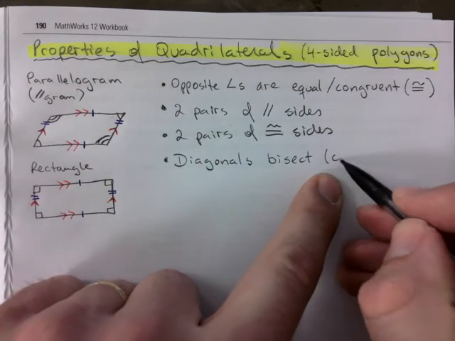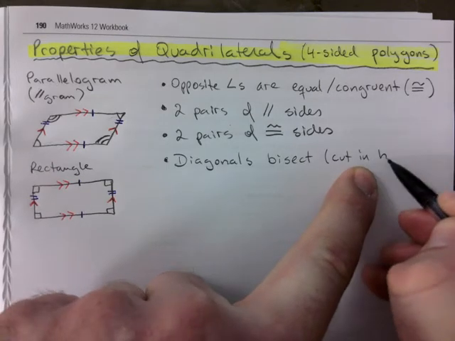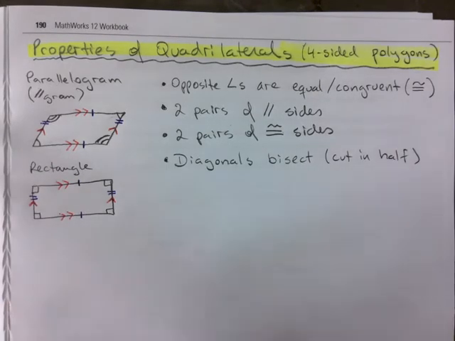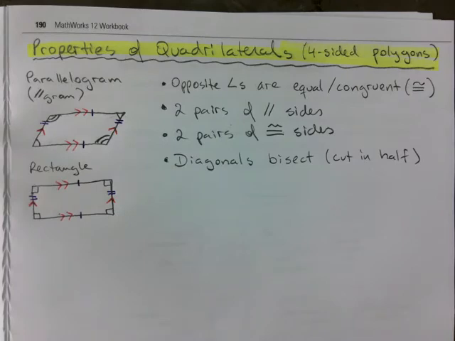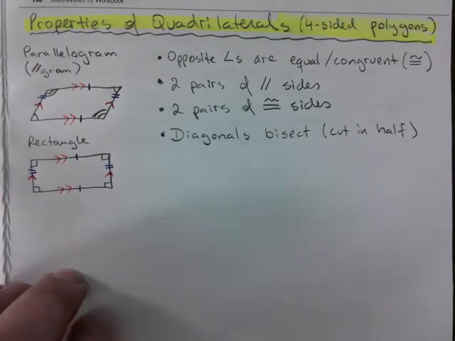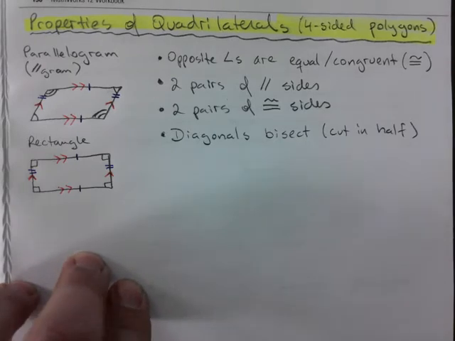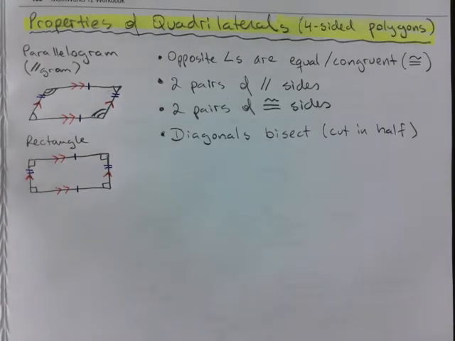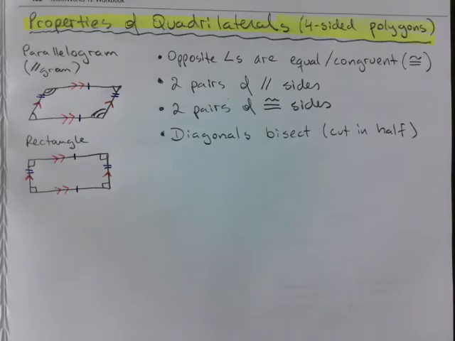It means cut in half. The diagonals cut each other in half, right? So if somebody has a bag of chips, hey, you want to bisect that bag of chips? They're like, what? Split in half, man. Half, man.